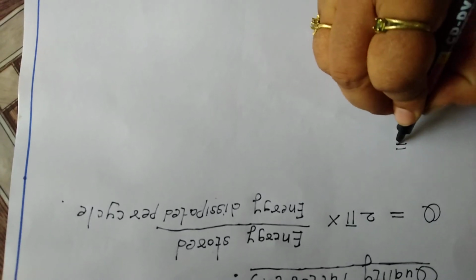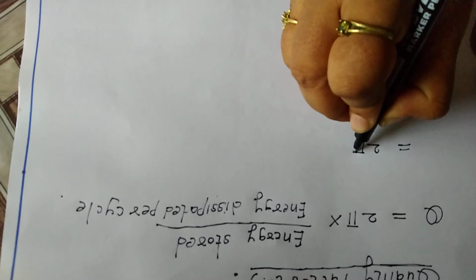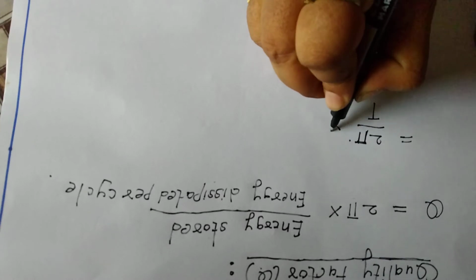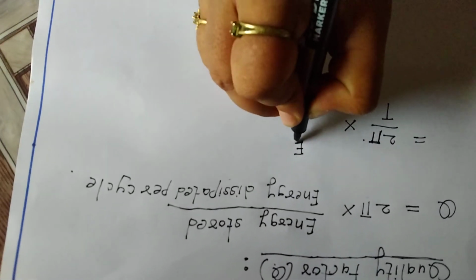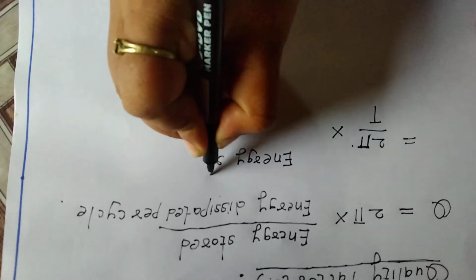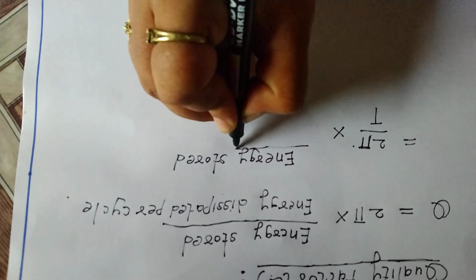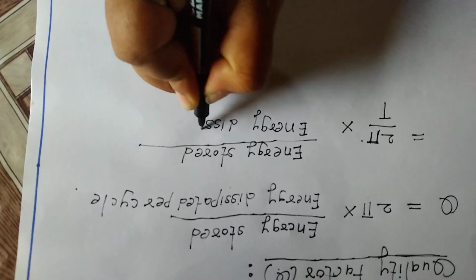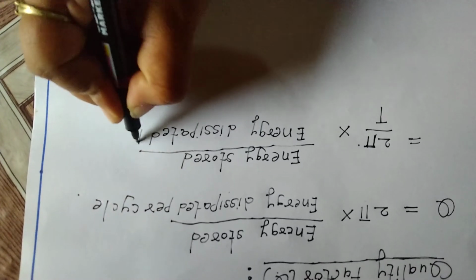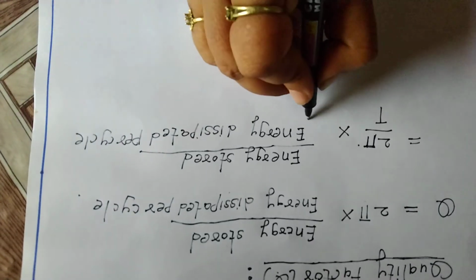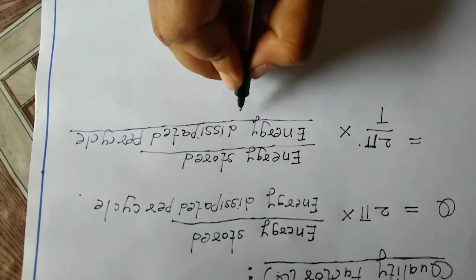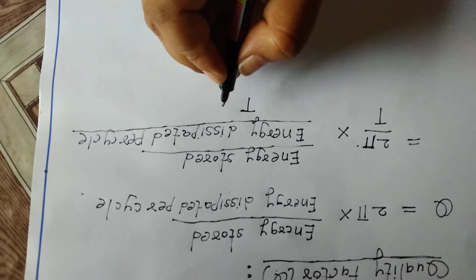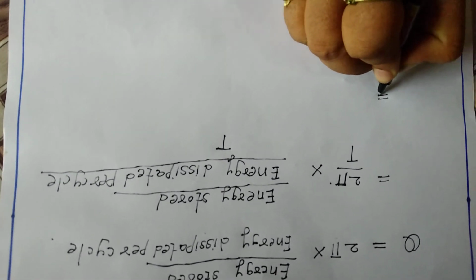We write the above equation in a simplified form. We require the omega form, so we divide by T. Q is equal to 2 pi by T into energy stored by energy dissipated per cycle, divided by T. We know 2 pi by T is equal to omega.